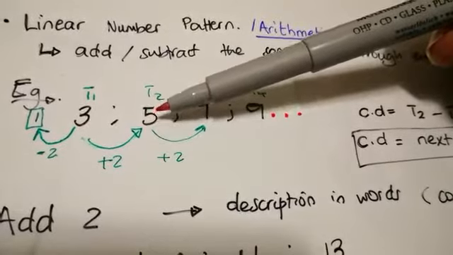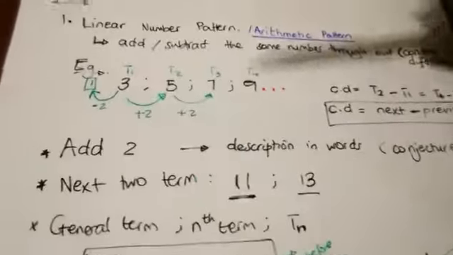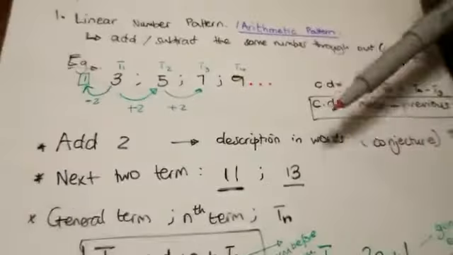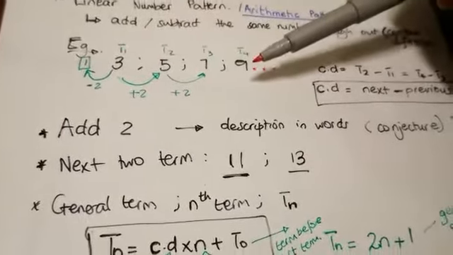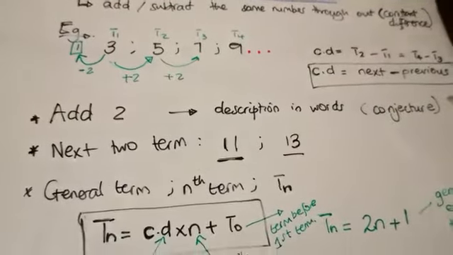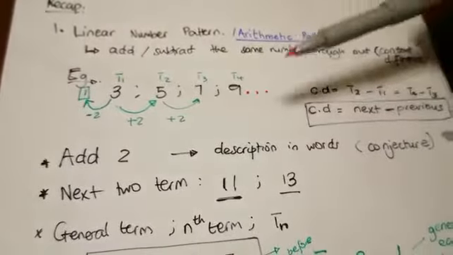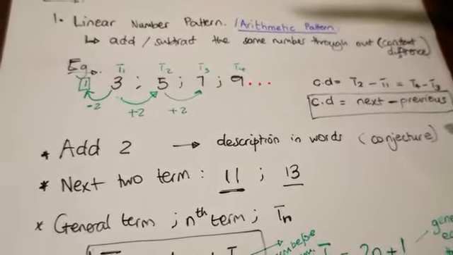If I move from 5 to 7, I have to add 2. So a description in words of this type of number pattern would be an add 2 type of pattern. Each time to move from one term to the next, you just add 2.